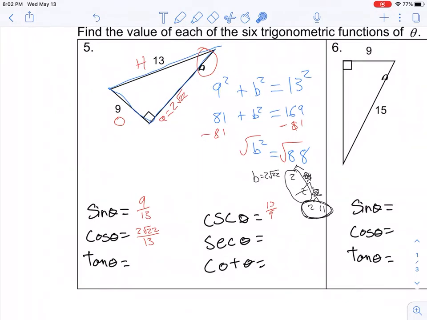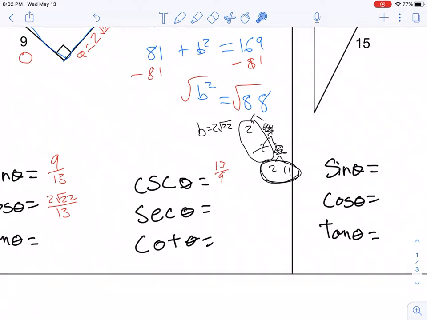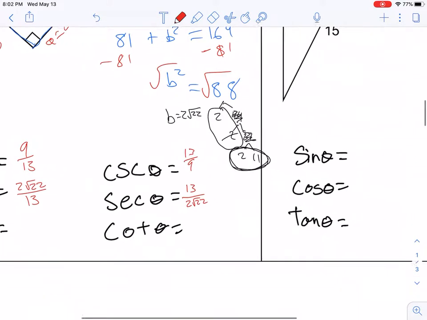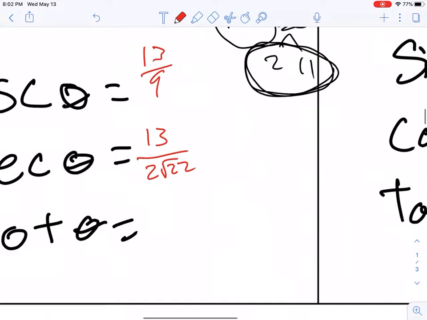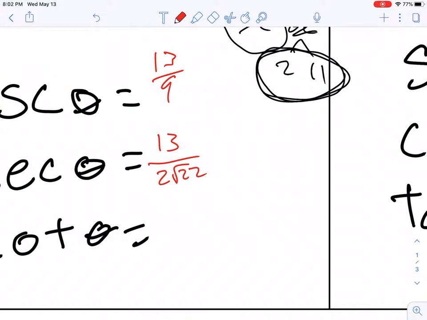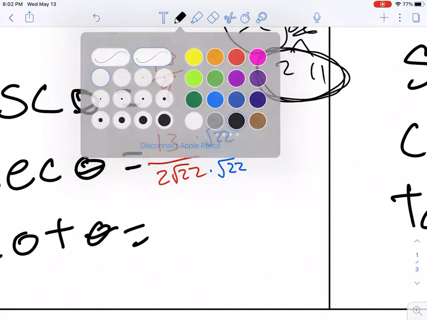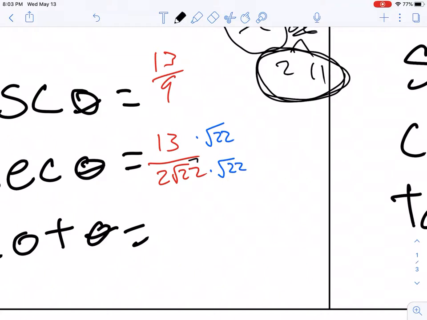And then for secant theta, we take the reciprocal. So for this one, we're taking 13 over 2 rad 22. And now there's a problem because I can't have rad 22 in the bottom. So I have to rationalize. I'm going to multiply rad 22 to the top and the bottom. And these combine to just make a regular 22.